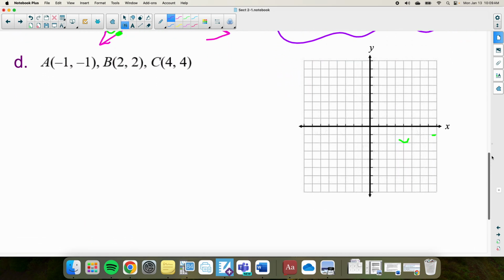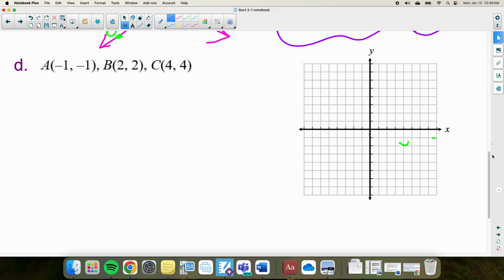Now, let's go to this last one here. It says A is the point (-1, -1). So that would be right here. This is point A, okay? Then they tell us that B is (2, 2). So I'm going to go over 2, up 2, and that is my point B. And then C is over 4, up 4.